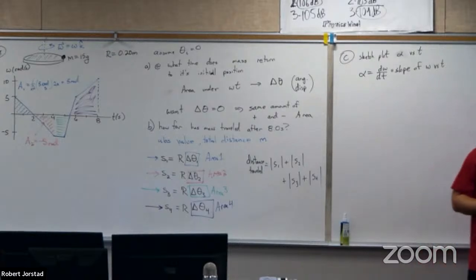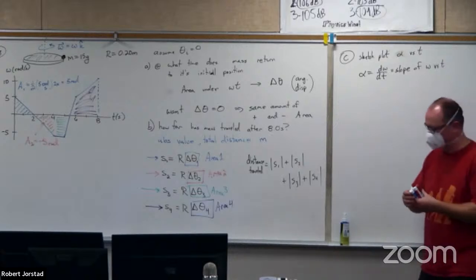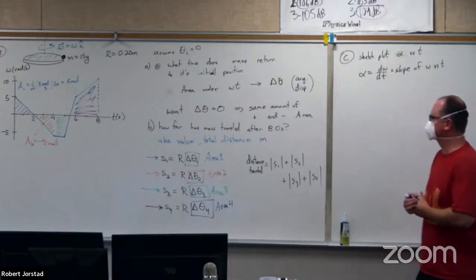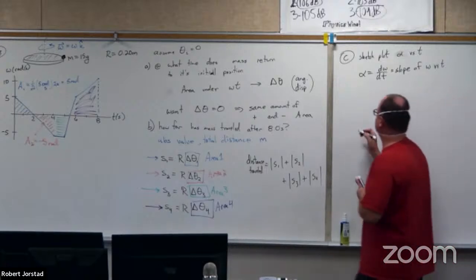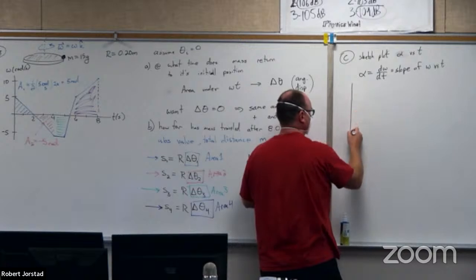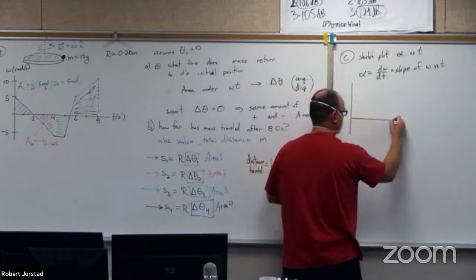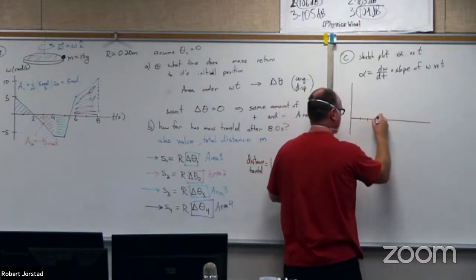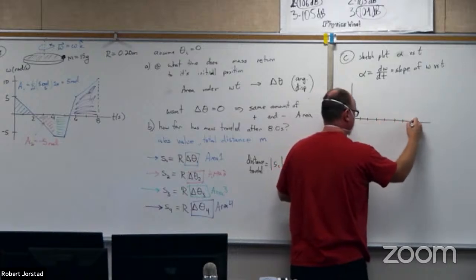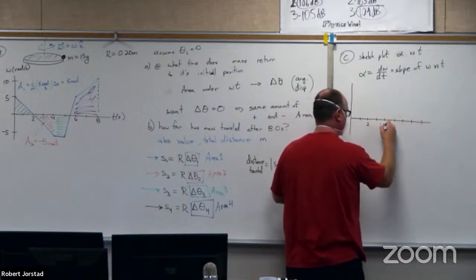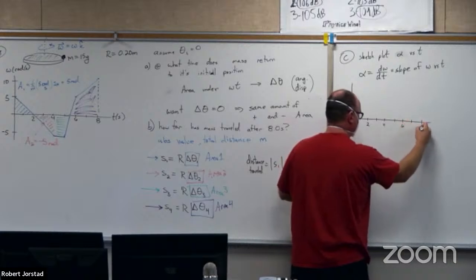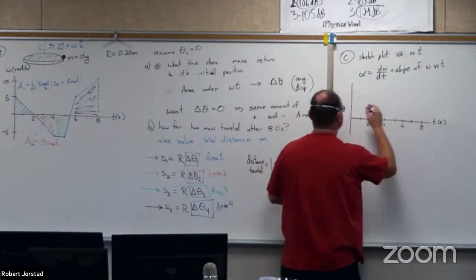What do you think? Is this stuff not too bad? I tried to destroy you in chapter 2 so that you could get this part easy, and I hope that's helping, but if I failed, I apologize. Let's sketch it. One, two, three, four, five, six, seven, eight; 2, 4, 6, 8, t in seconds.